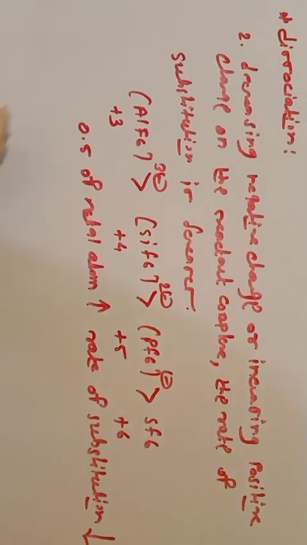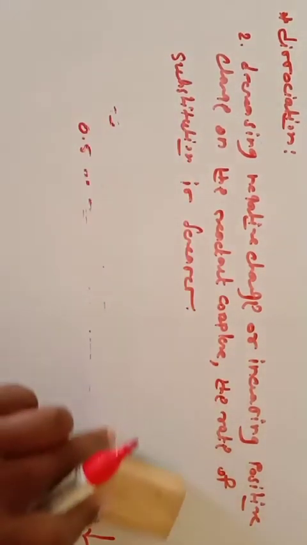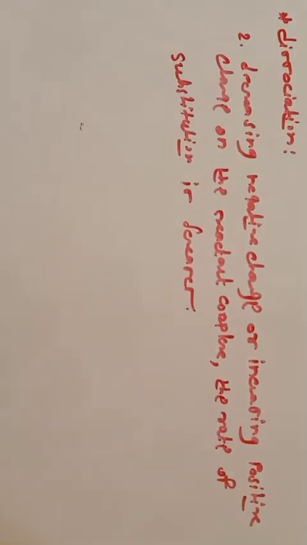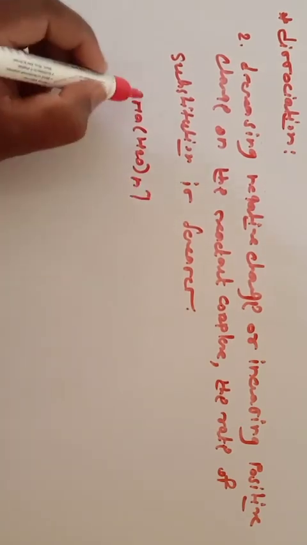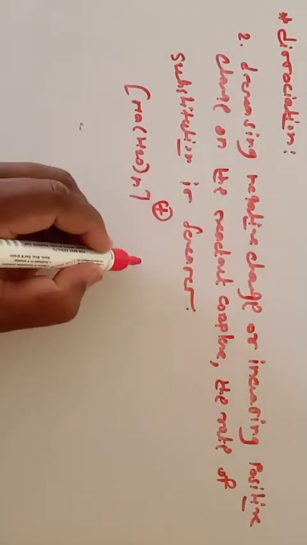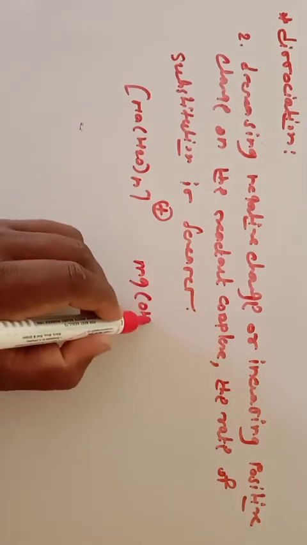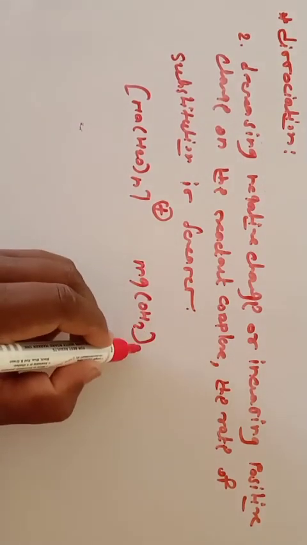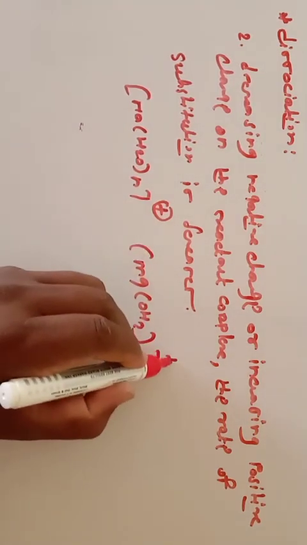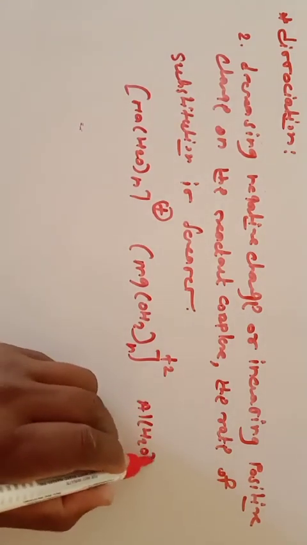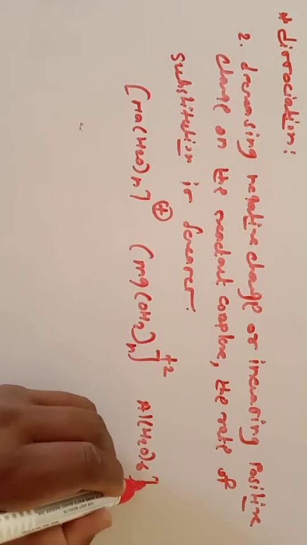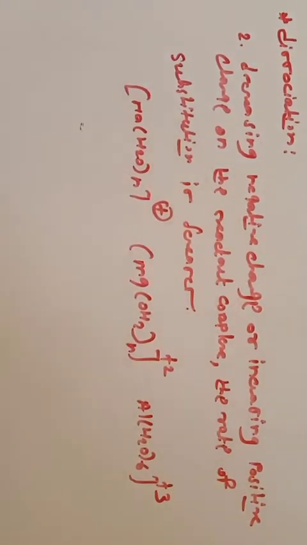Let us consider the second case, that is, increasing the positive charge. Consider these complexes: [Na(H2O)n] with +1 charge, then [Mg(H2O)n] in the +2 oxidation state, and then [Al(H2O)n]. The coordination number is 6 for all these complexes, the sodium complex, magnesium complex, and aluminum complex.